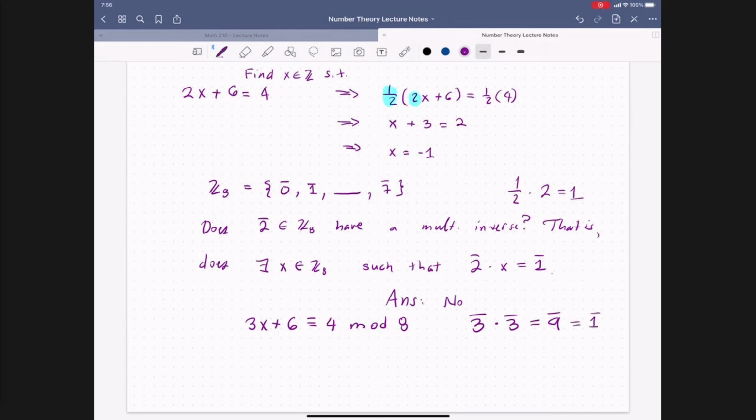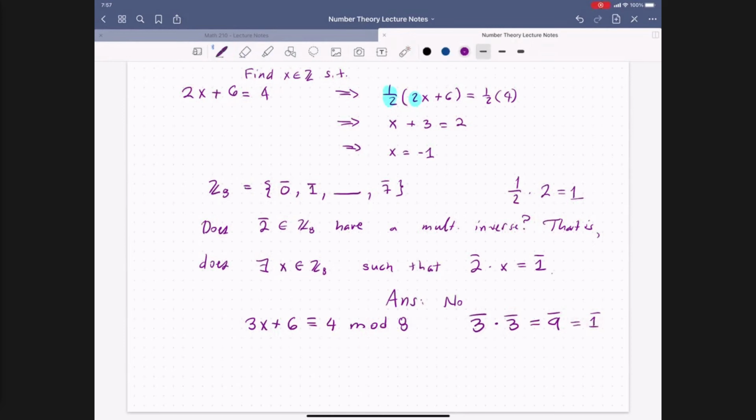And so, in effect, we can multiply both sides of this equation by 3 bar, and I'm going to pass down to integers modulo 8. Actually, let me do this in two forms. One thing that we're going to be doing is working usually in this notation rather than in this notation. So I'm going to do this step in two ways.